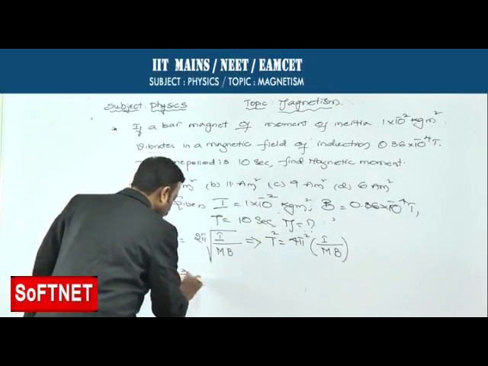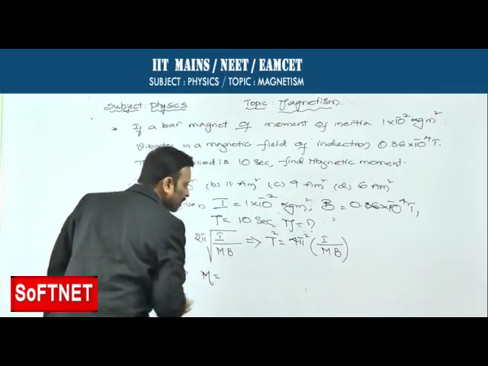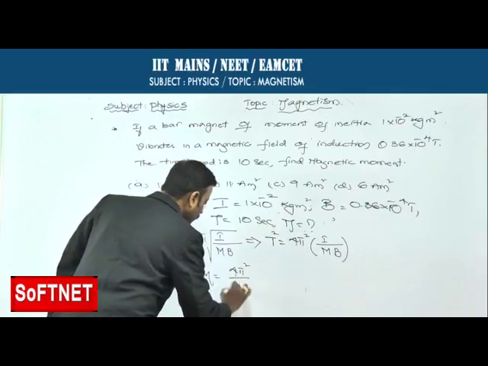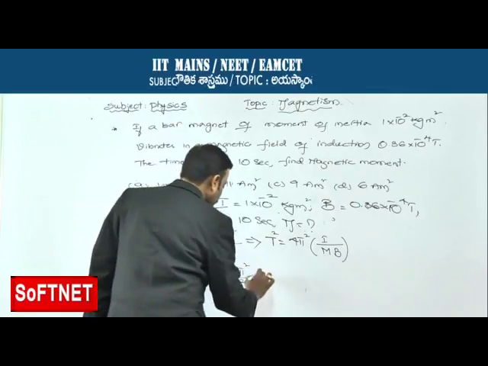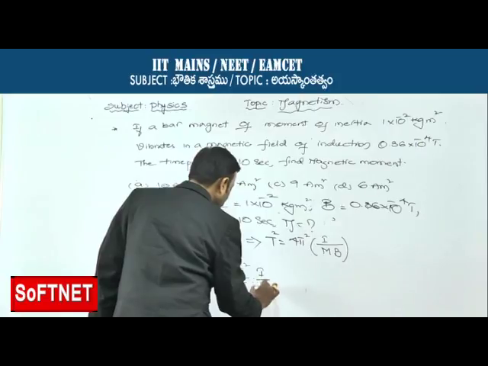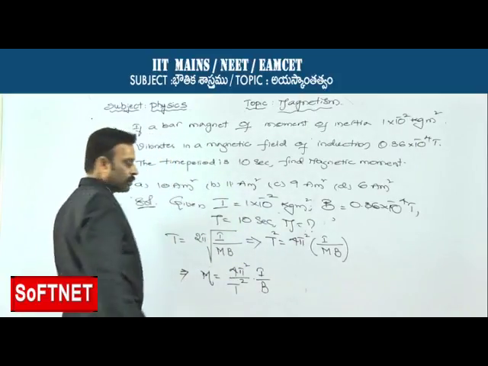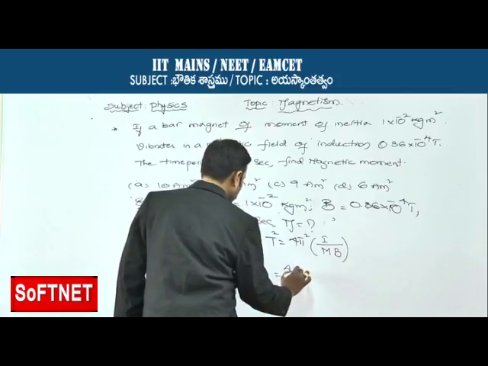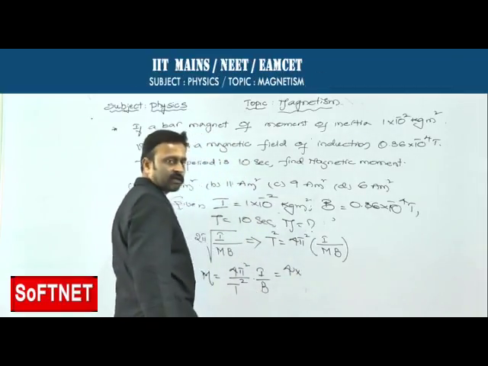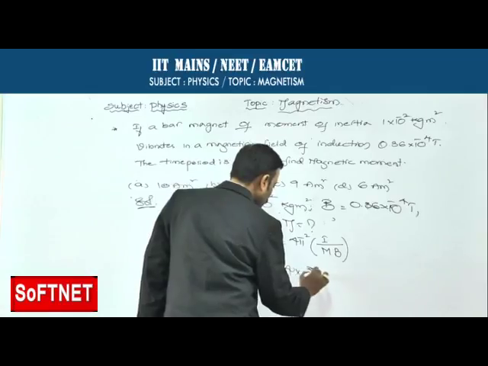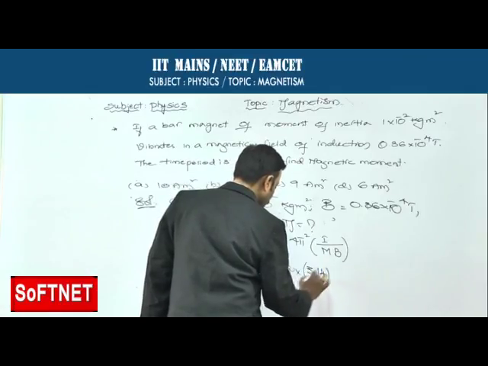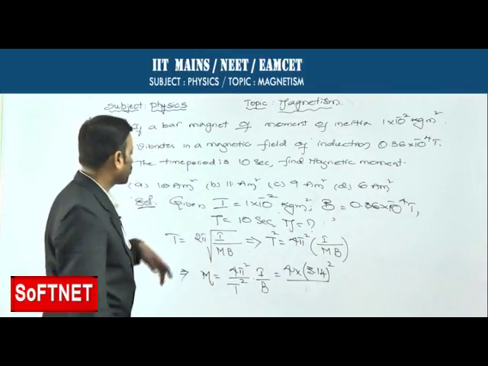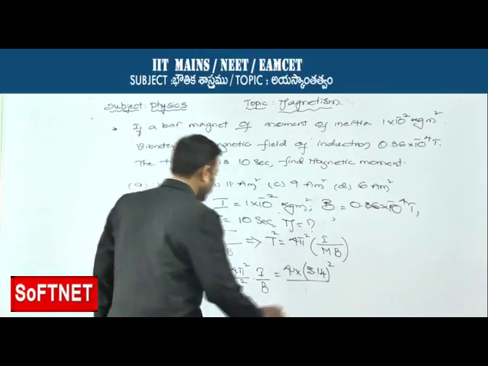From that, the magnetic moment M is equal to 4 pi square by T square into I by B, that is 4 pi square, the value of pi is 3.14 whole square, by the time period. The time period of oscillation is given as 10.